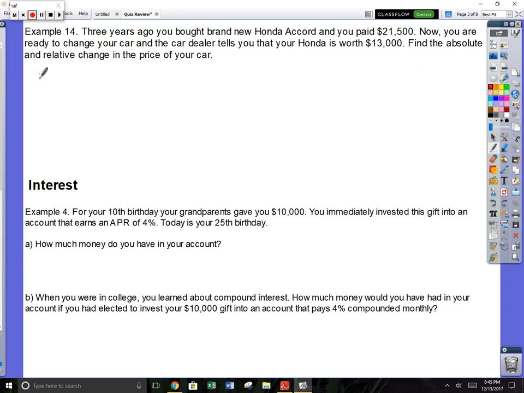Okay, the absolute change is pretty easy. The absolute change is going to be the new minus the original. So the new is 13 grand. Subtract the original, that's 21.5, and it is going to end up being a negative.